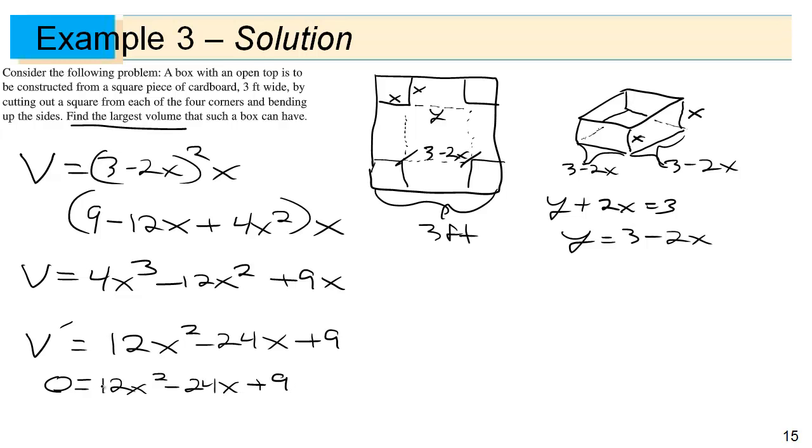Well, the first thing I would notice is everything is divisible by 3. Now that might make it easier for me to factor, because I know this has to be a 3 and a 1, because that's the only way 3 factors.